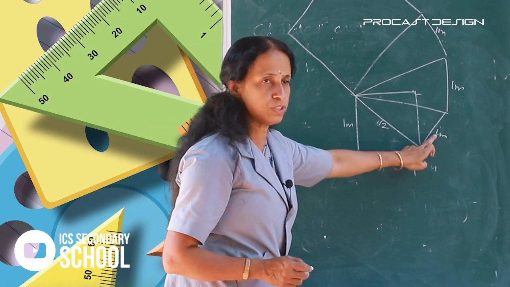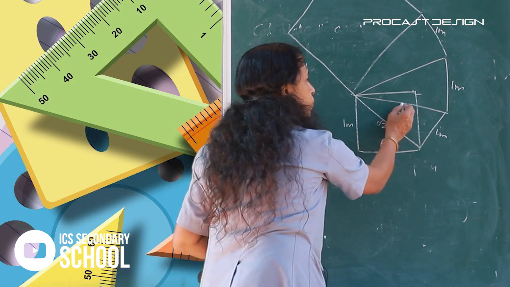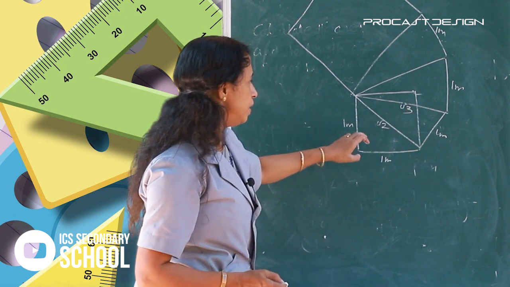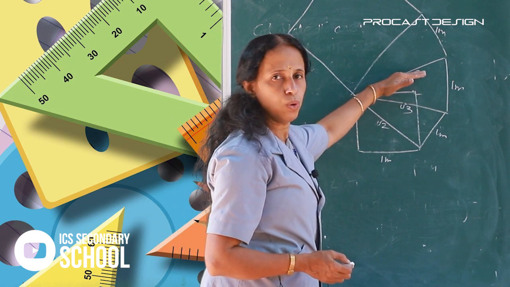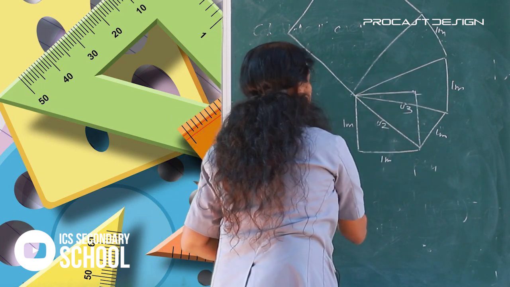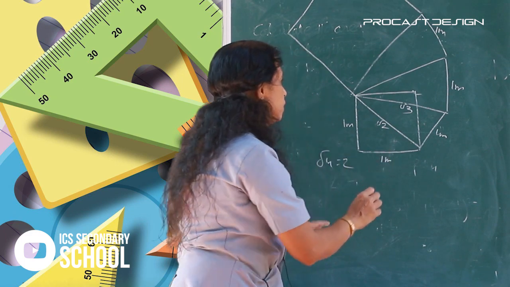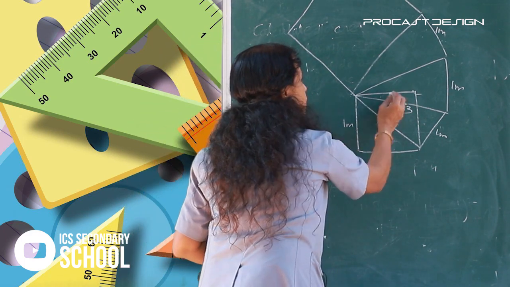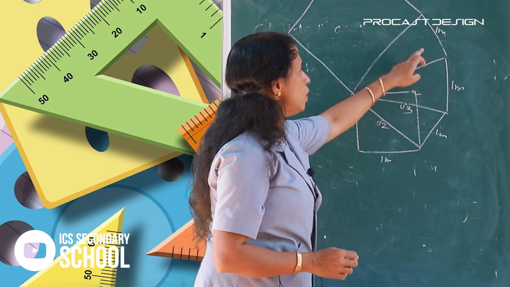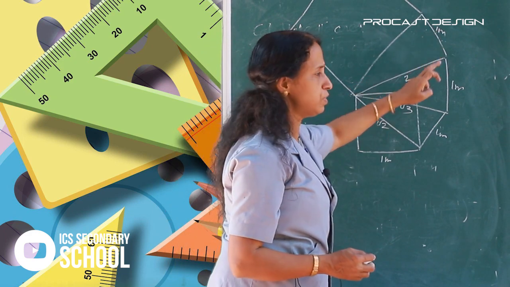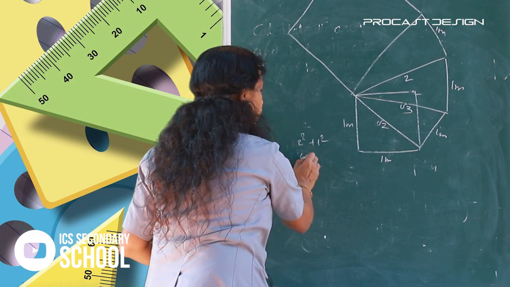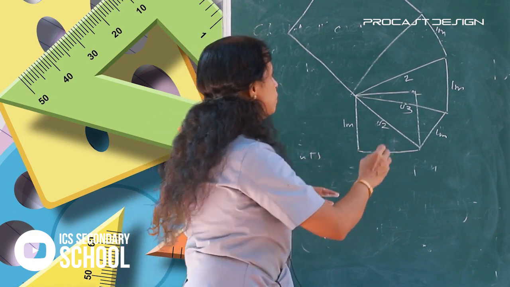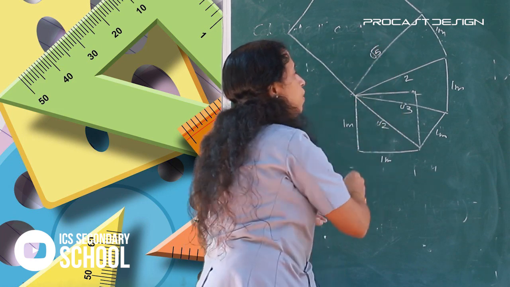Root 2 square plus 1 square gives root 3. Root 3 square plus 1 square is 4, and the square root of 4 is 2. Then 2 square plus 1 square is 4 plus 1, which is root 5.